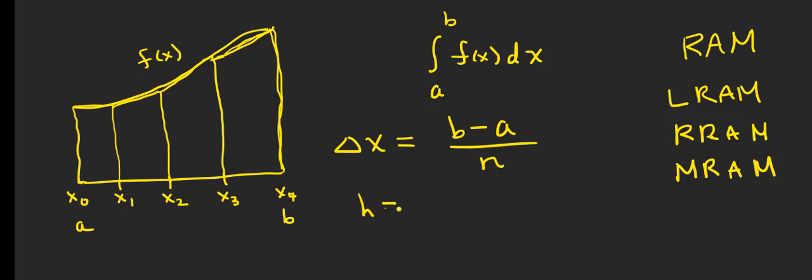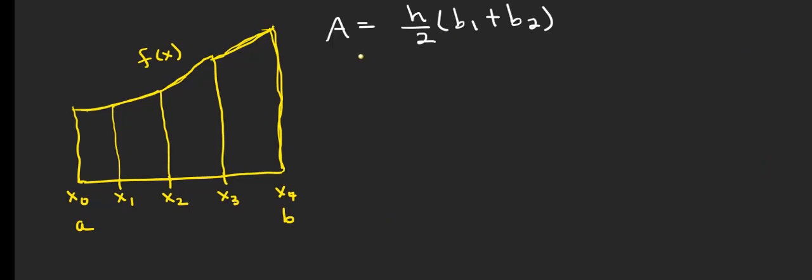So h will equal b minus a over n. Remember, the area of a trapezoid is h over 2 times the quantity b1 plus b2. So here, this is the h of this trapezoid.